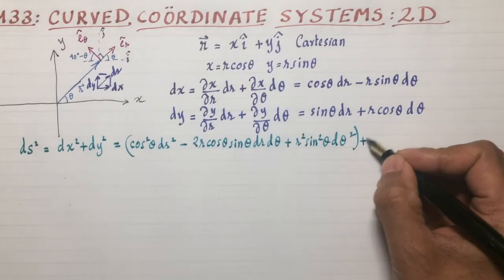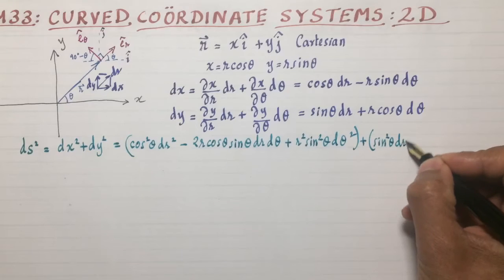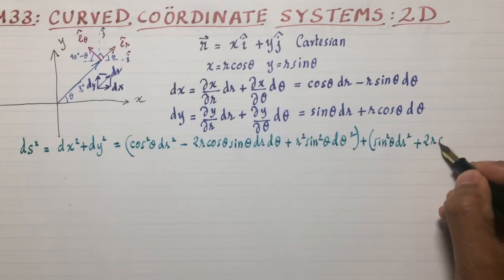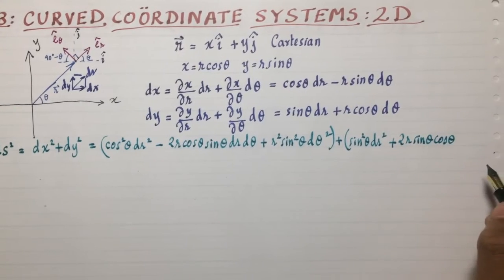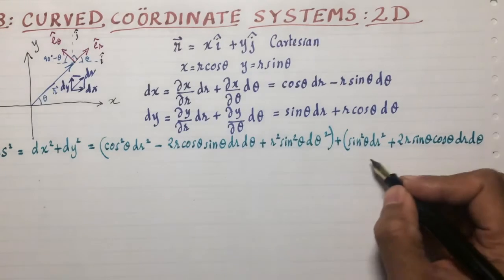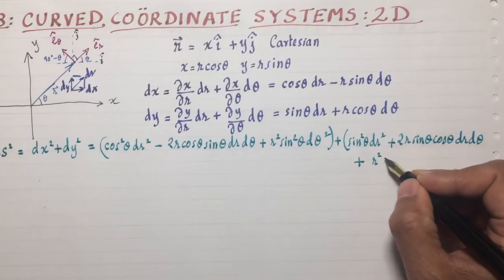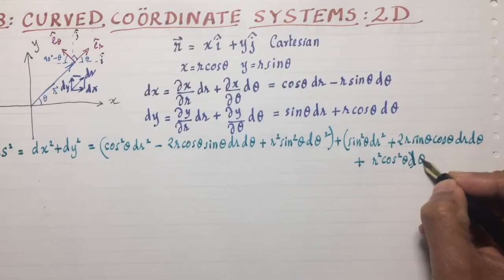So that gives me sine squared theta dr squared plus 2r sine theta cosine theta dr d theta plus the last term is the square of that, r squared cosine squared theta d theta squared.